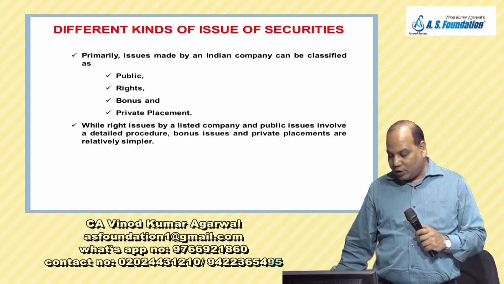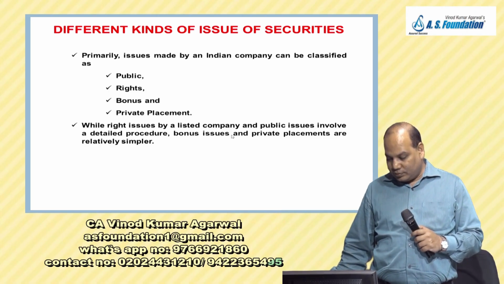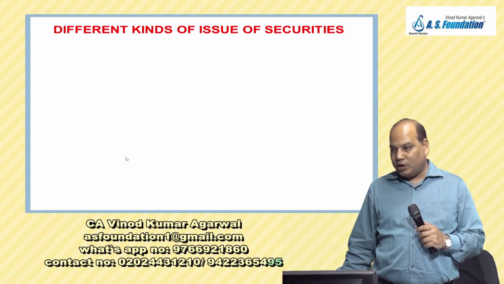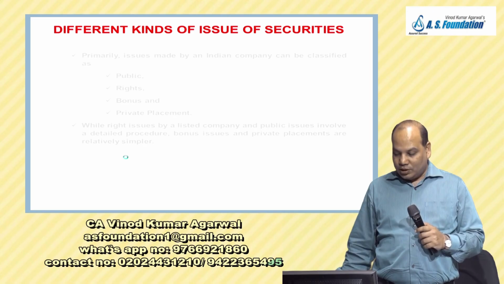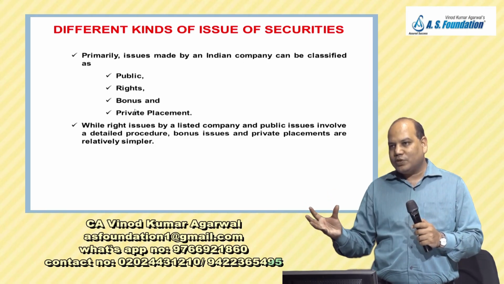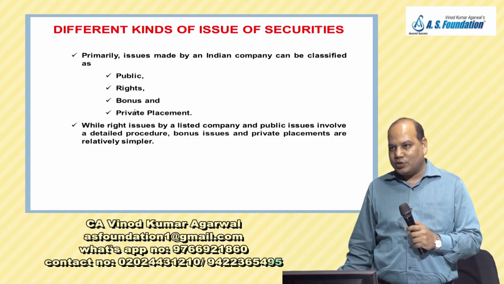While right issue by a listed company and public issue involve a detailed procedure, bonus issue and private placements are relatively simpler. Most complicated is public issue, less complicated is right issue. Again, these two are even less complicated because you don't have to raise funds from the public in case of bonus issue.